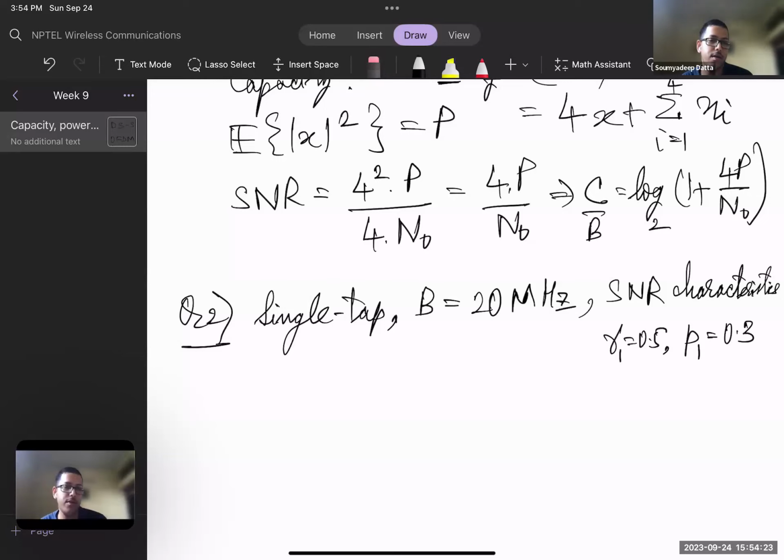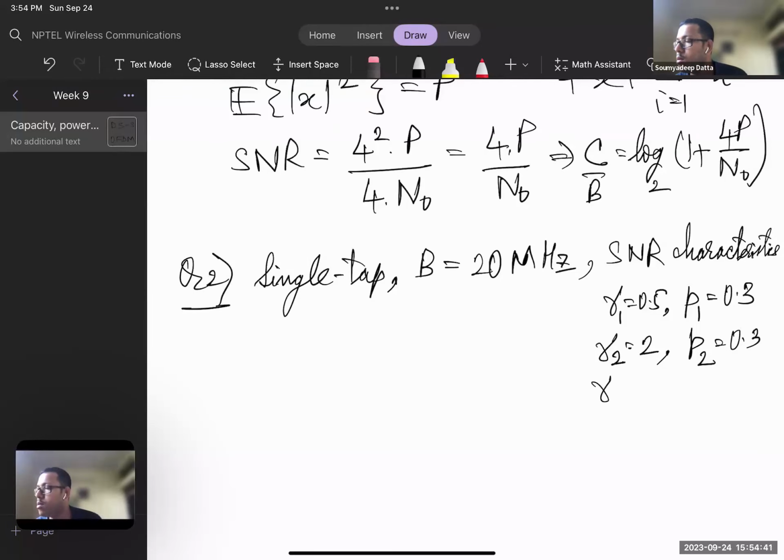Gamma 2, another 30% of the time, has SNR 2, let's say. And gamma 3, the rest of the 40% of the time, has SNR of some 5, something like this. So this is your SNR profile. You have a channel with this kind of SNR profile, right?